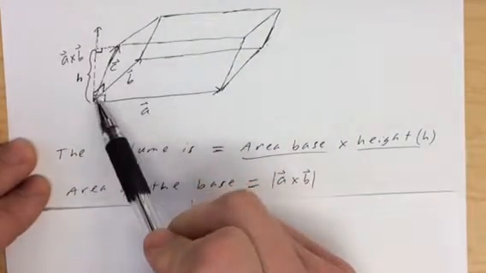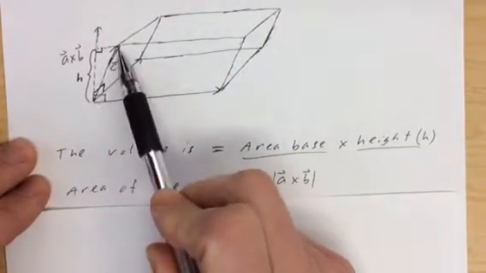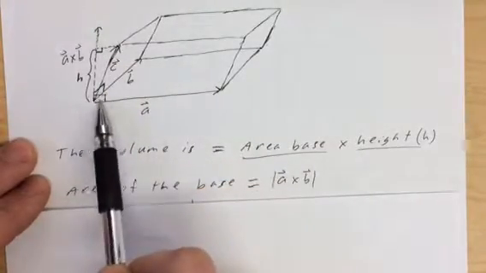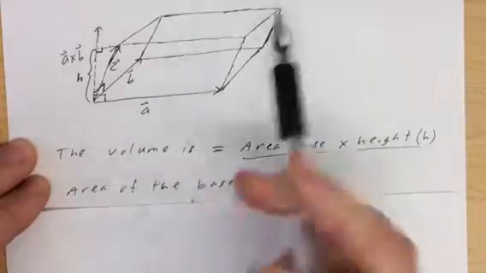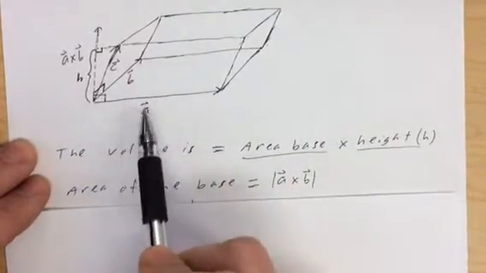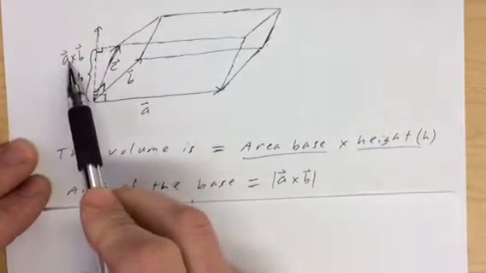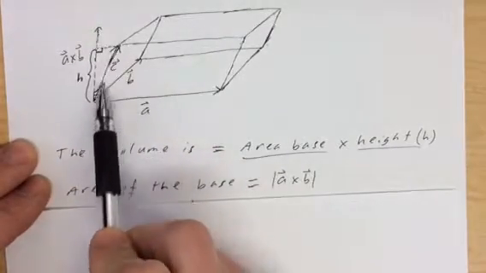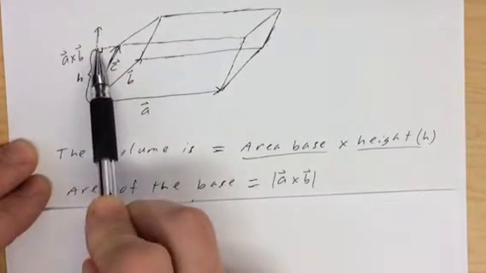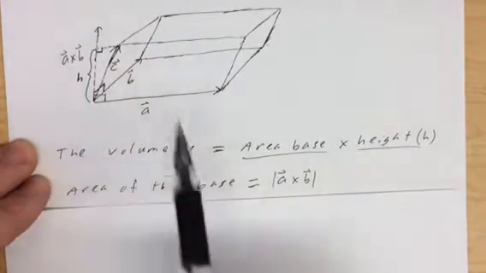The height is going to be this vector c projected onto something perpendicular to the base. It's convenient that we can figure that out. Something perpendicular to the base is going to be a cross b. So if I take vector c and project it onto a cross b, I'm going to get a vector that's equal to the height.